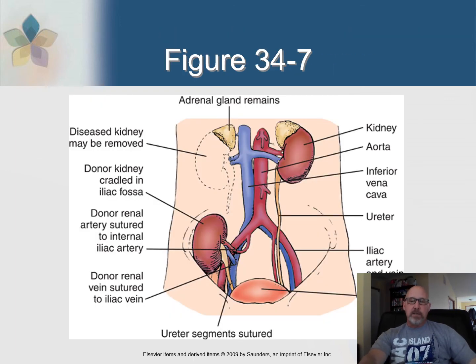Okay, eventually the patient might require a kidney transplant. When the diseased kidney is removed, the new kidney is not placed where the old kidney was. Instead, the donor kidney is placed down in the pelvic girdle, and as you can feel your own pelvis, your iliac crest, it'll be placed inside the cup of the iliac crest, right there.